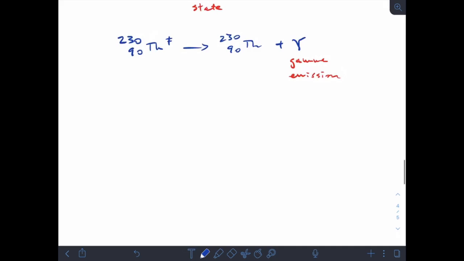Okay. So our next topic is radioactive decay. Much of what we know about radioactive decay comes to us from Marie Curie, who was a pioneer in the field of radioactivity. She essentially discovered it.